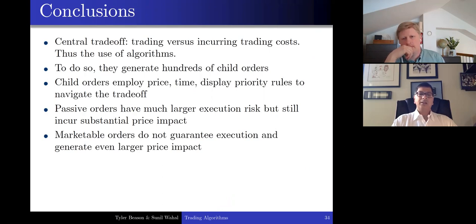So it is the idea that when you post something to the book, particularly if it's visible, but sometimes even when it's not visible, non-visible things can quote unquote get displayed when an execution hits. And people draw inferences about whether it's a non-displayed order, but especially when it's displayed, that contains information. Now, I won't speculate about what kind of information it contains, but it does move prices.